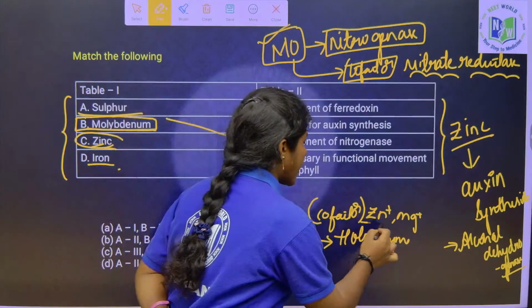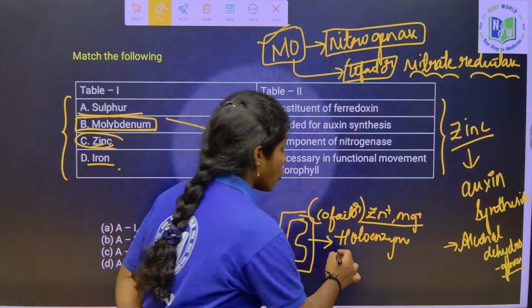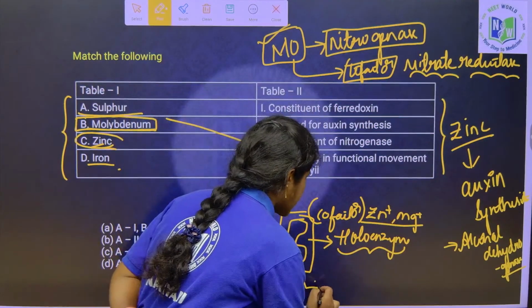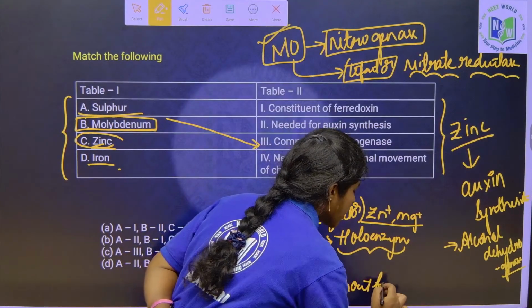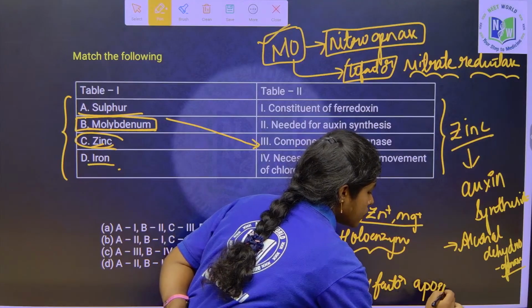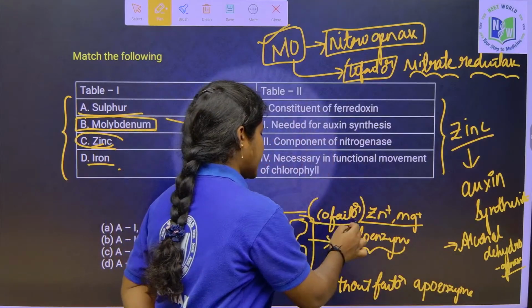Because of these cofactors only, the enzyme will be active, and then only is it called a holoenzyme. Without the cofactor, it is called an apoenzyme. So mostly the enzymes are active with cofactors only.